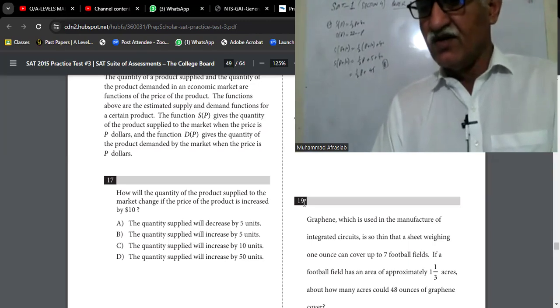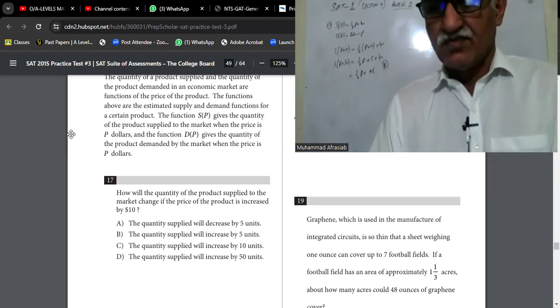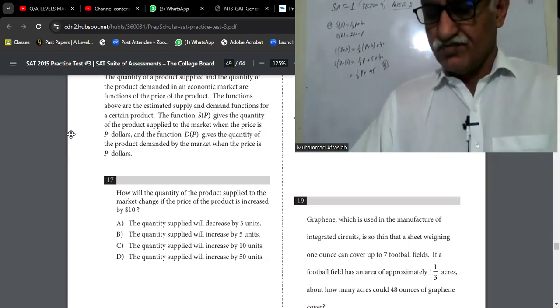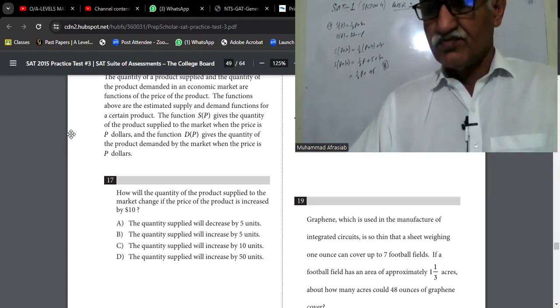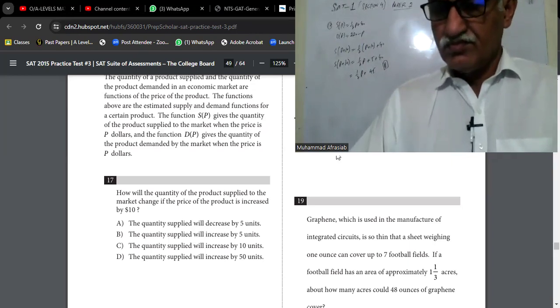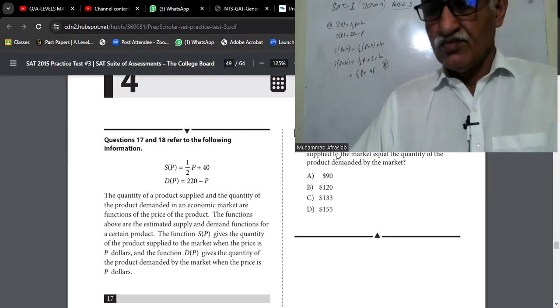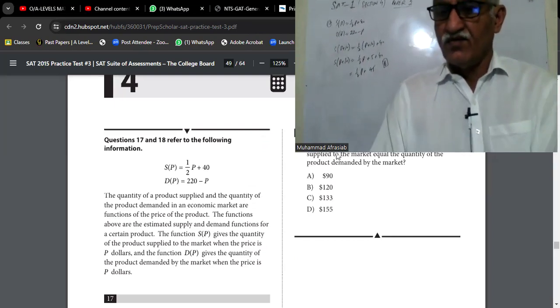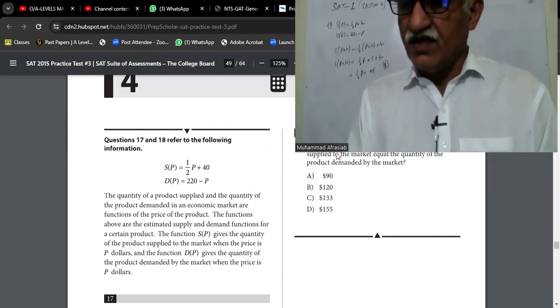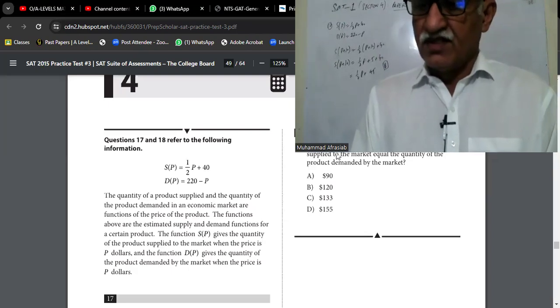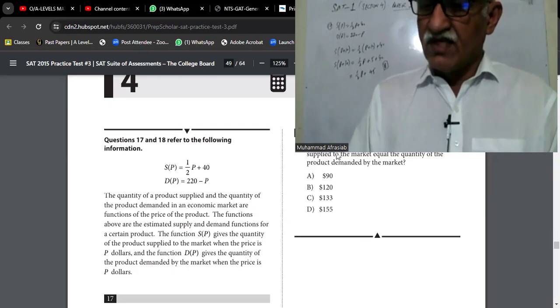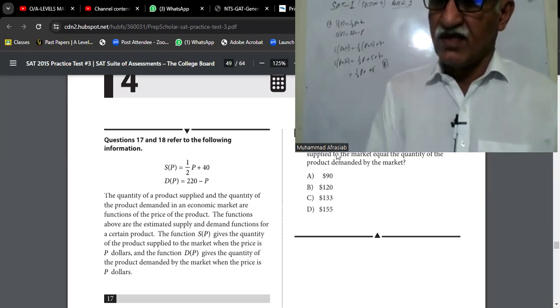Question number 18 now. At what price will the quantity of the product supplied to the market equal the quantity of the product demanded from this market?